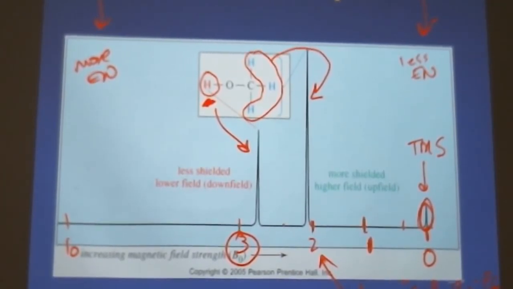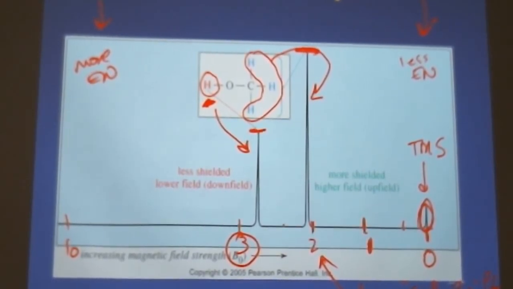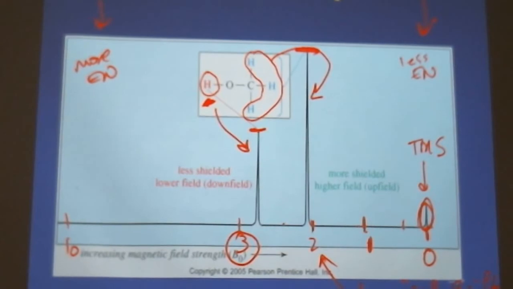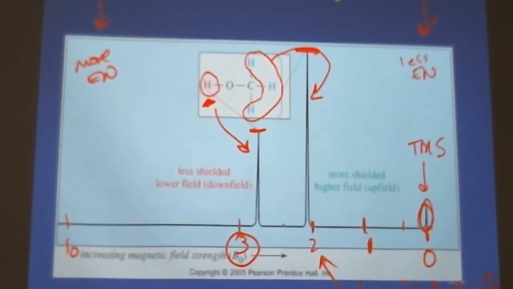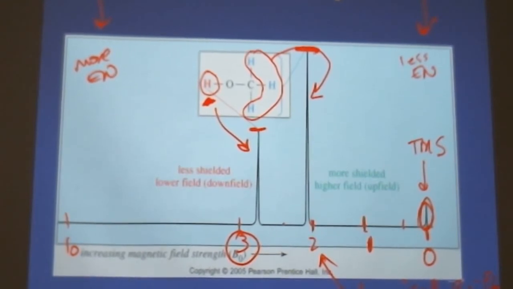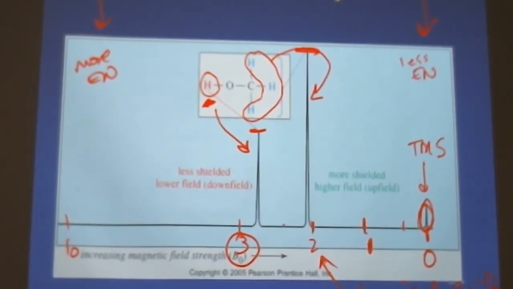Now, in addition to that, notice that these peaks are of different height. The height of the peak, or more specifically, the area under the peak, is directly proportional to the number of hydrogens that correspond to that absorption. And often we use what we call an integral trace.